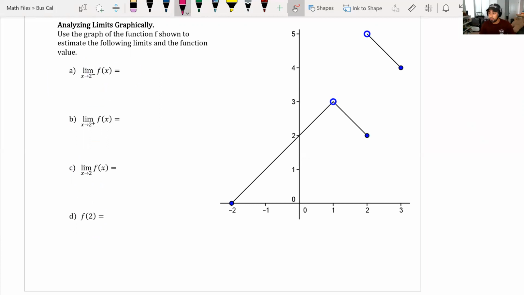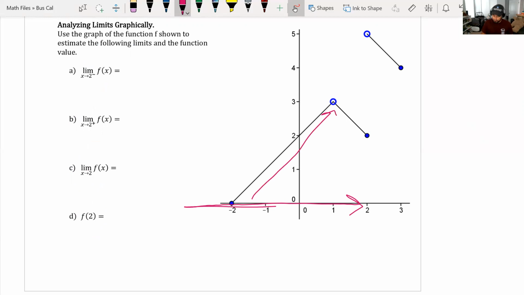So let's find out. So look at the graph. We are approaching 2 from the left side. So as x approaches 2, we see that y starts to approach what number?